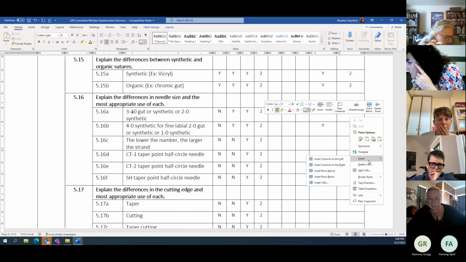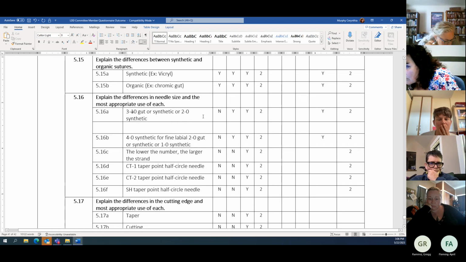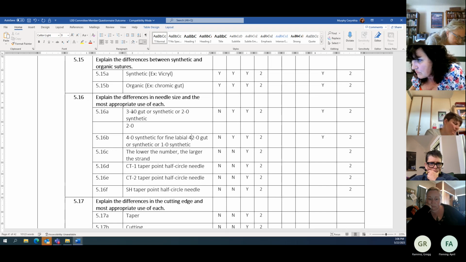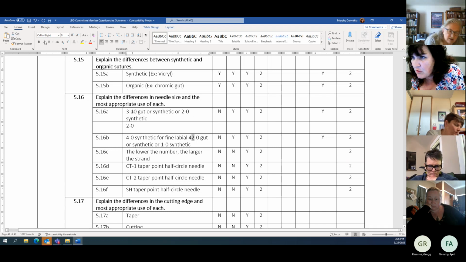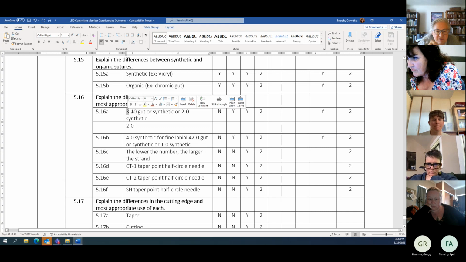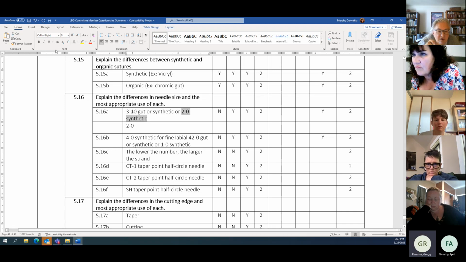It's 3.0 gut or synthetic, 2.0 synthetic, 4.0. So there's a typo in the competencies. Is this one supposed to be 4.0 here? So it should be 3.0, then 2.0. So get rid of the 2.0 synthetic up above on 5.16. It should just say 3.0 gut or synthetic. And then it should say 2.0 gut or synthetic, 4.0 synthetic.